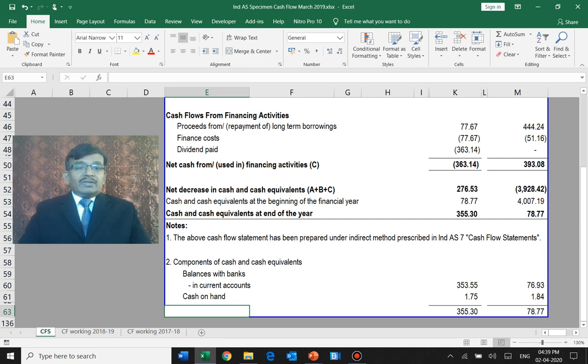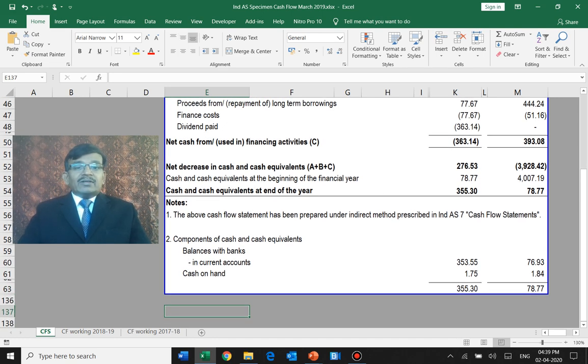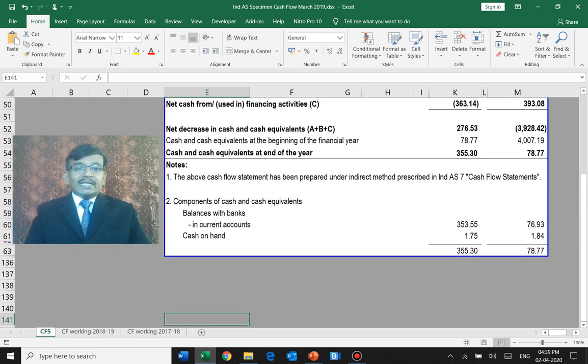So we have the net increase or decrease in cash and cash equivalent, that is, net cash from operating activities plus net cash from investing activities and net cash from financing activities comes to the net increase or decrease in cash and cash equivalent.